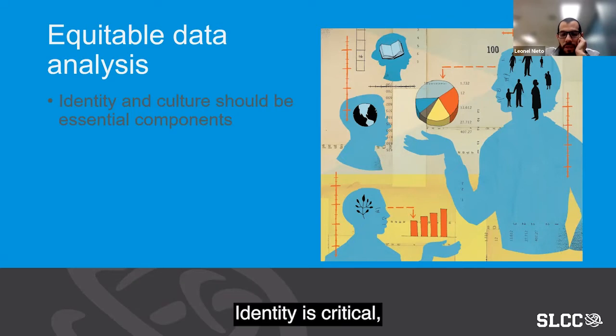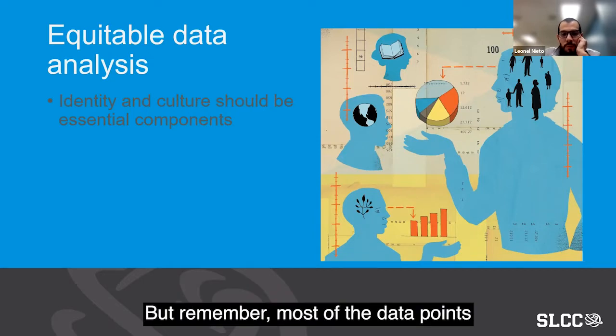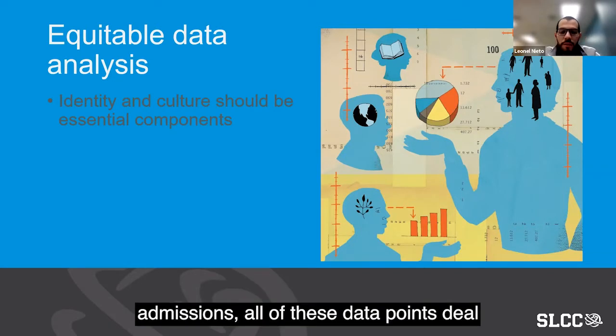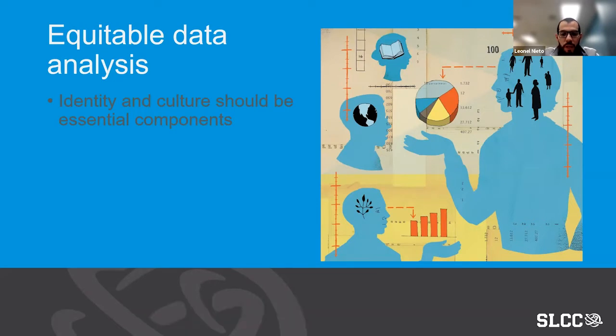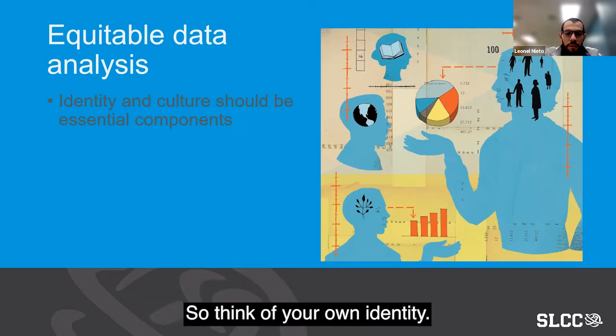Identity is critical, and it's easy to overlook identity and culture when we analyze data. But remember, most of the data points that we look at, whether it is retention, graduation rates, admissions, all of these data points deal with a person, a student, or a group of students who in turn have an identity. So think of your own identity.